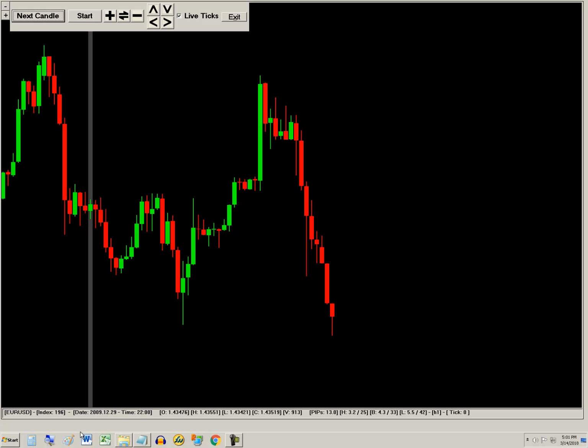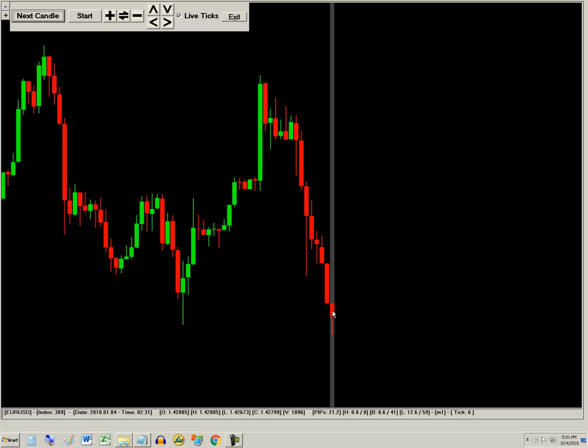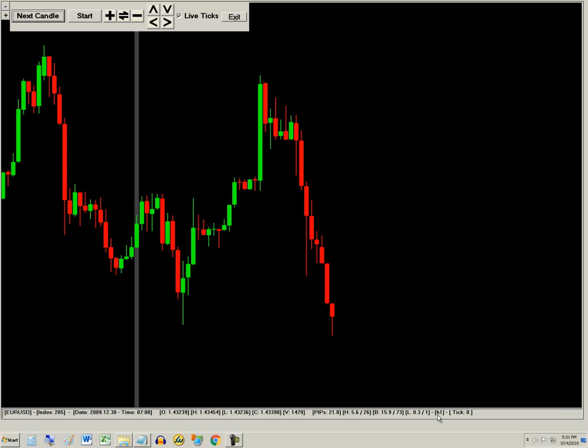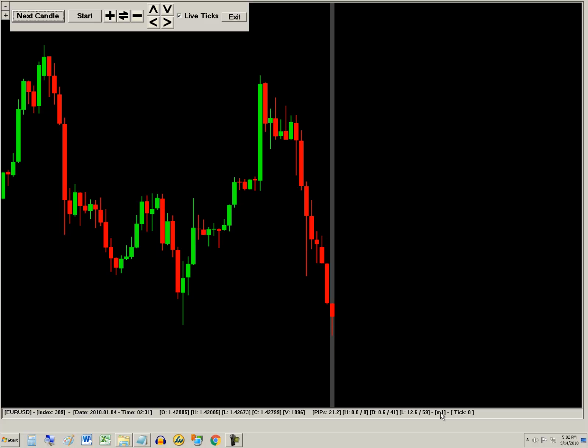All that's really happening there is, if you look down on the bottom here, everything to the left, all of these, they're H1 candles. You get over here, though, it's an M1 candle.